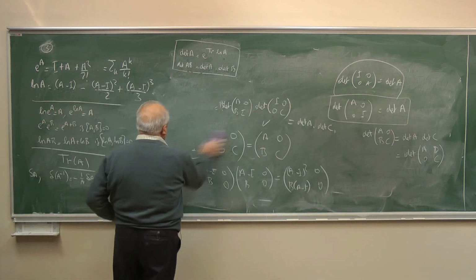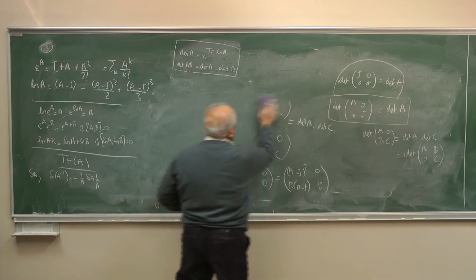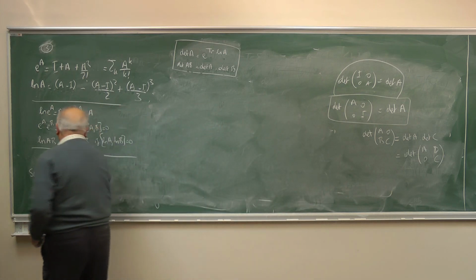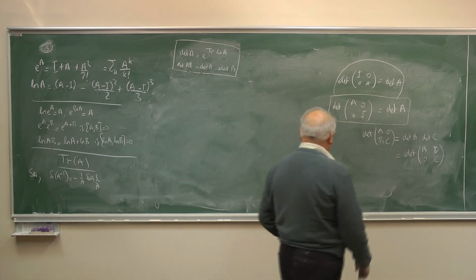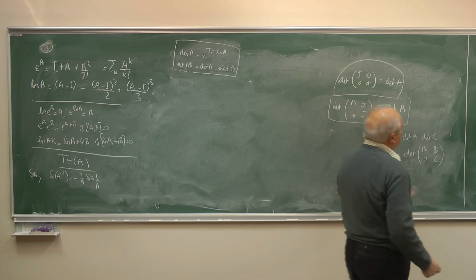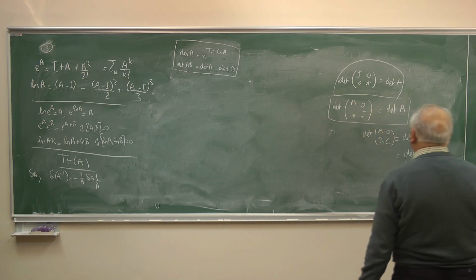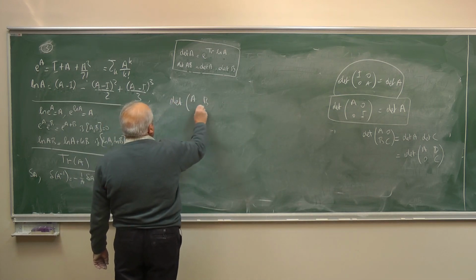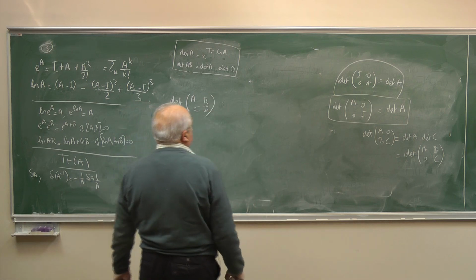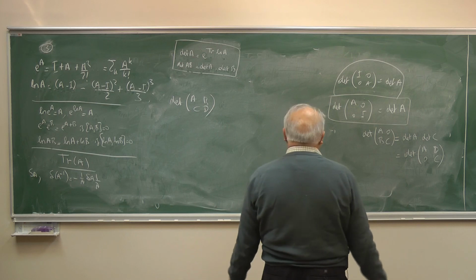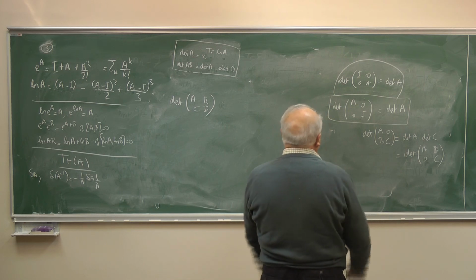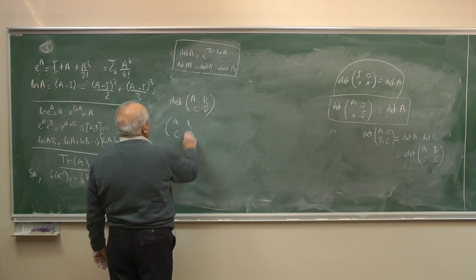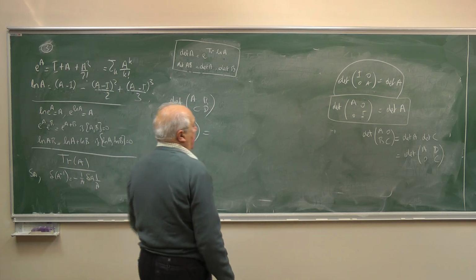Now, in a more general case, the determinant of A, B, C, D. Again, we have to write this as a multiplication of two matrices.